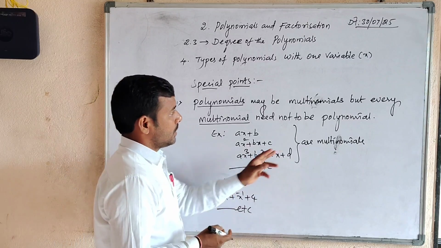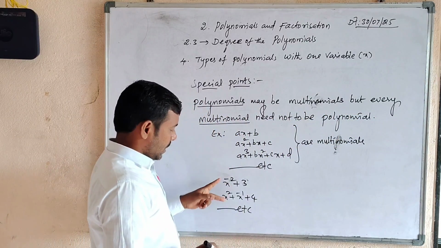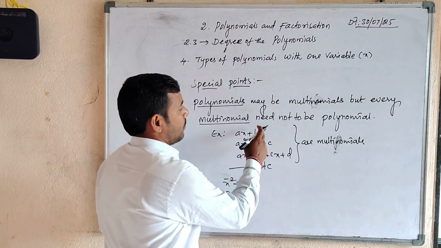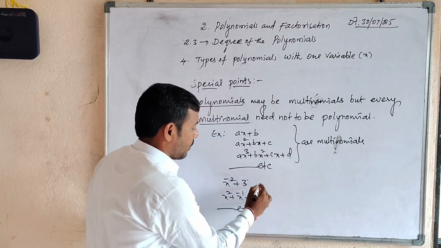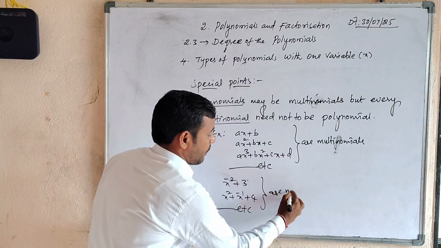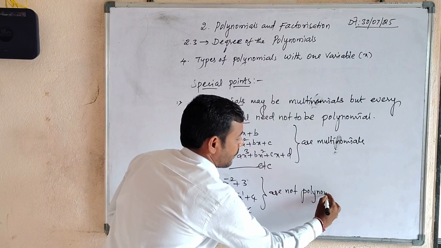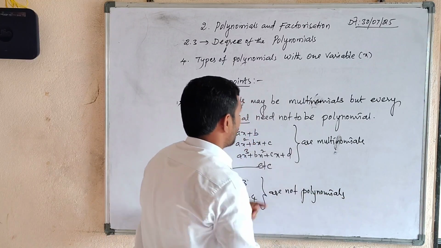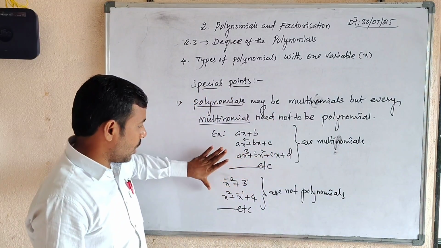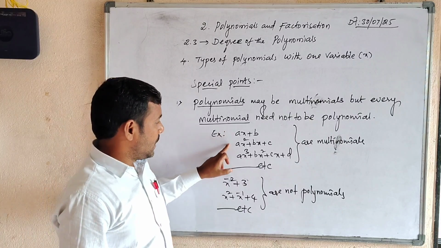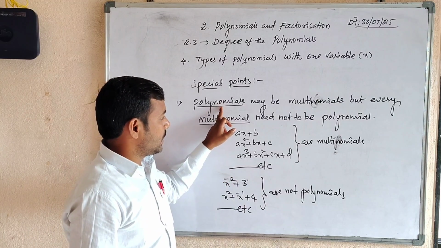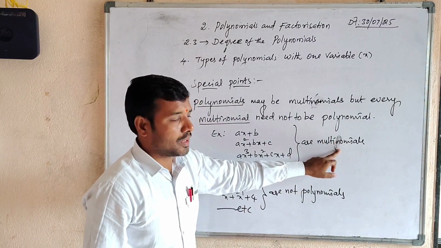But see, these two are multinomials, but need not be polynomials. Those are not polynomials. To believe this statement, observe the small example. These are polynomials as well as multinomials.